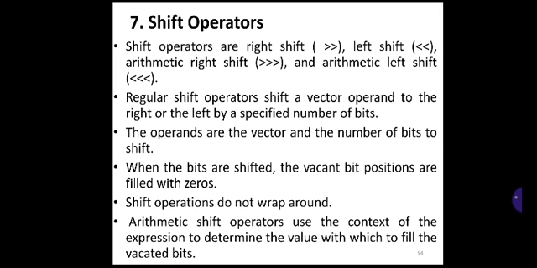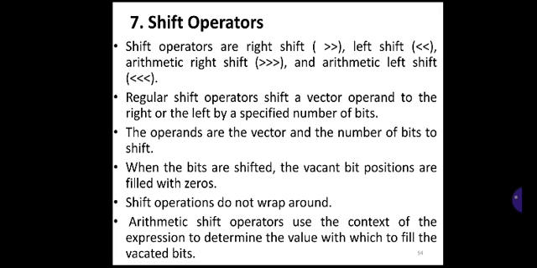Next one is the shift operators. There are four different types of shift operators: right shift, left shift, arithmetic right shift, and arithmetic left shift. The symbols are shown for each of them.